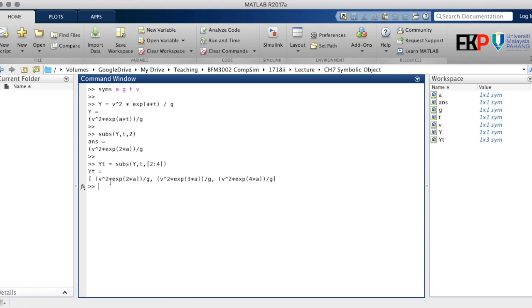When we press enter, we see the expression now written separately for every value of t that we have substituted in the equation of y. So now let's take a look at another example.